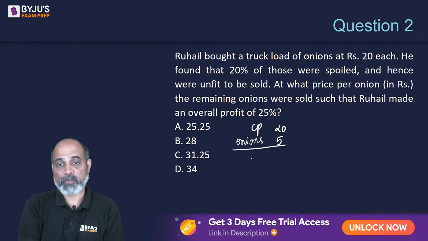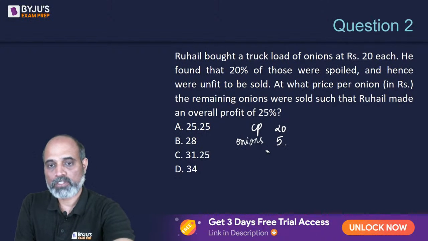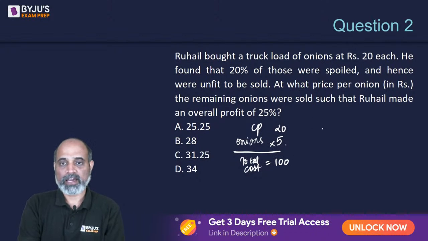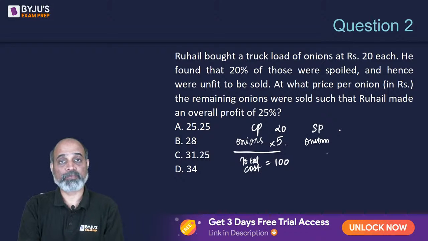So the total cost that he incurred while buying these 5 onions is going to be 20 into 5, which is 100 rupees. Now, he is supposed to sell them at a certain price. The number of onions is going to be only 4.